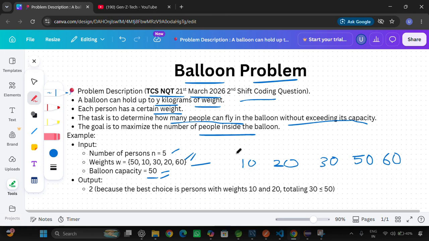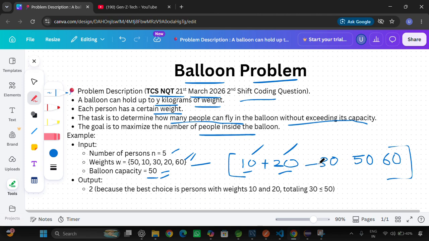After sorting, I got this array, so if I solve for it, the person with weight 10 can sit in the balloon, and 20 can also sit, because 10 plus 20 is equivalent to 30, and 30 is less than or equal to 50. So both of these persons can sit in the balloon.